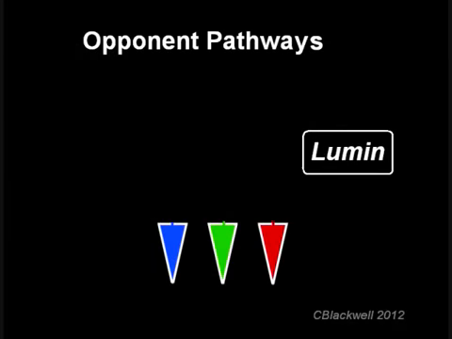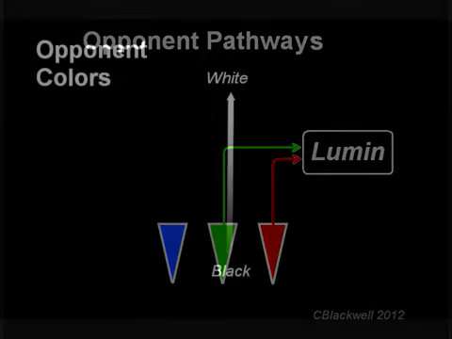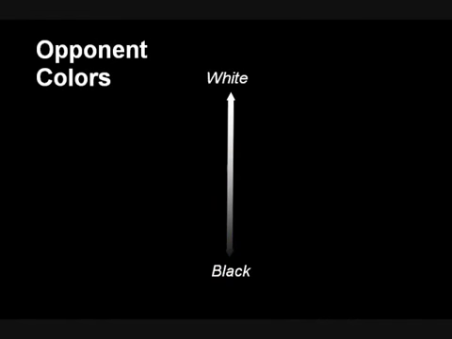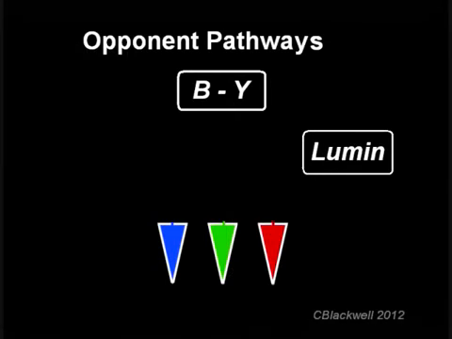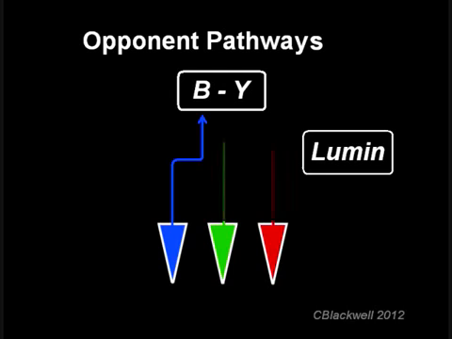The channel for luminance receives its input from red and green cones. That determines the black versus white range. In the blue-yellow color channel, the blue input is from the blue cone, of course, but where is the yellow cone? Yellow, you may remember, comes from the combination of red plus green.